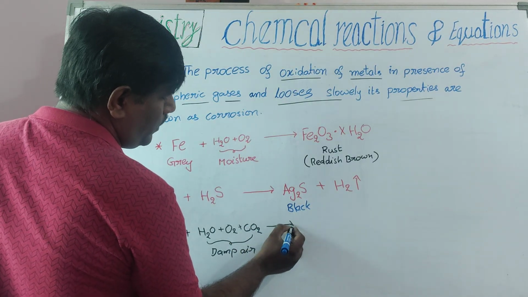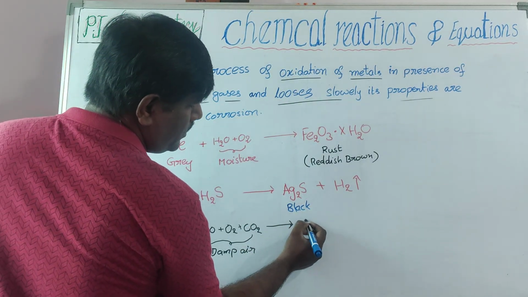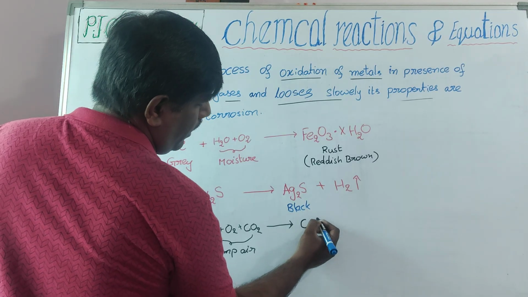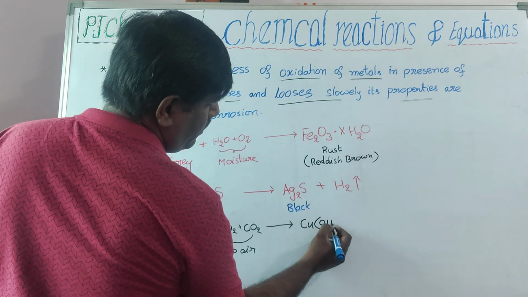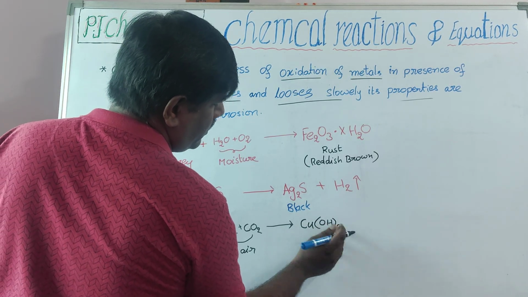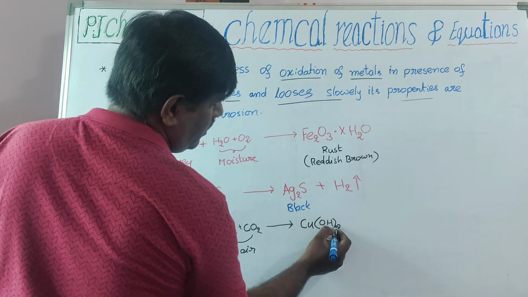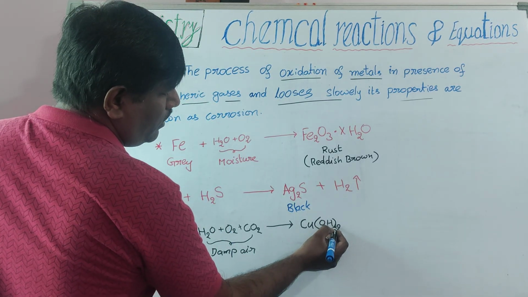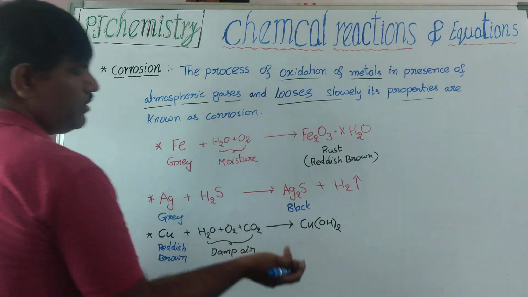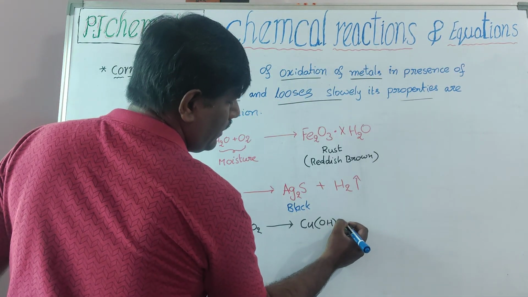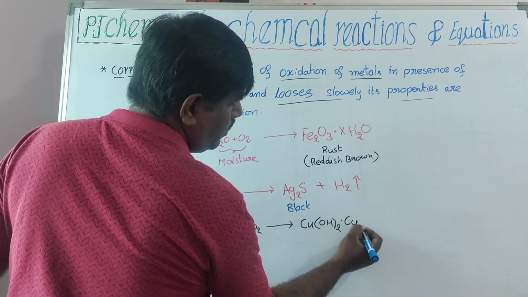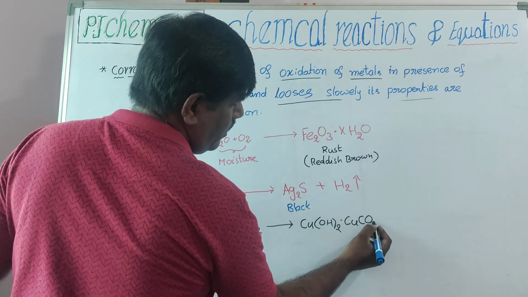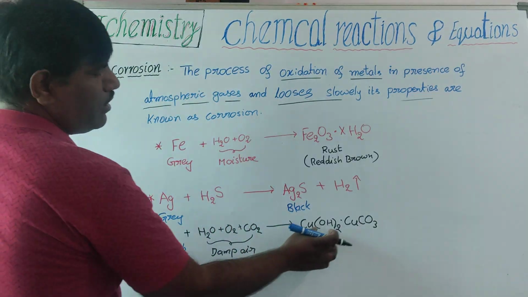Basic carbonate means a mixture of base and carbonate: copper hydroxide is a base, and CuCO3 is a carbonate.